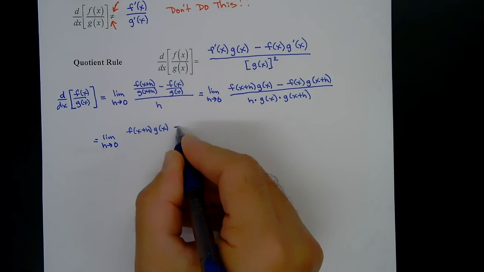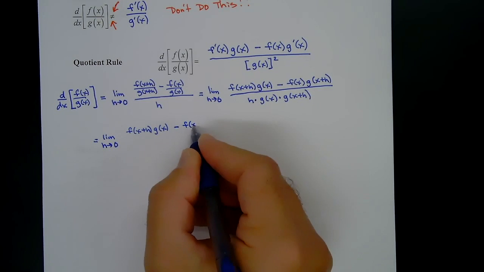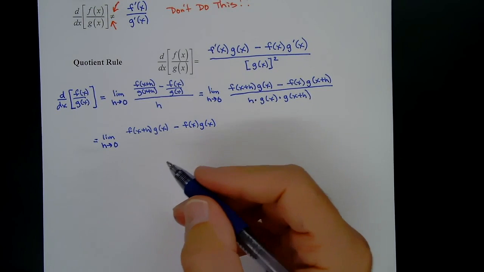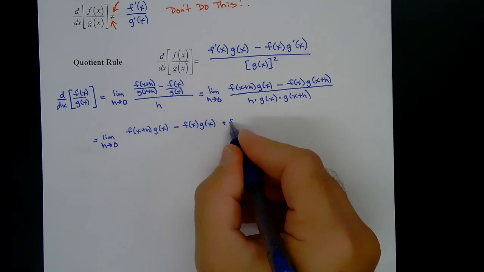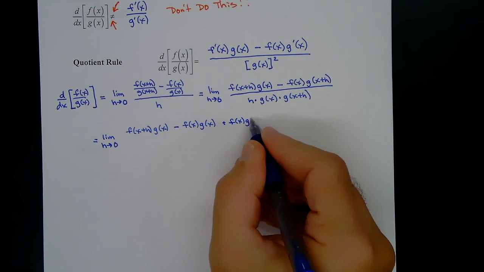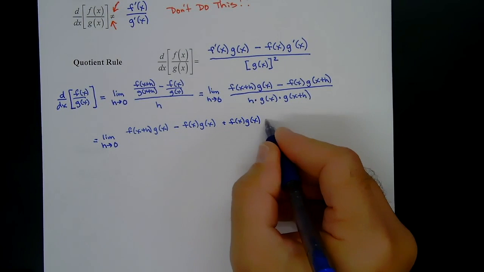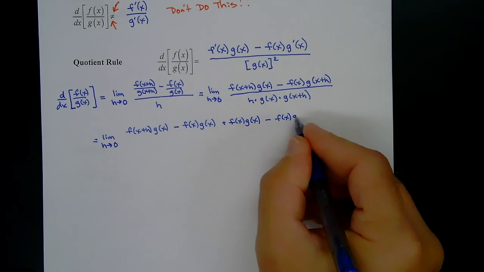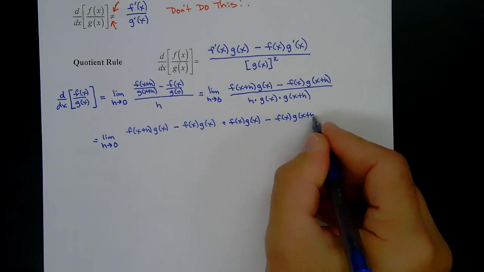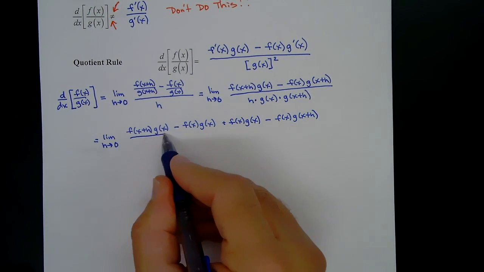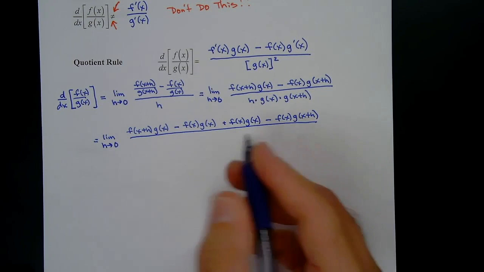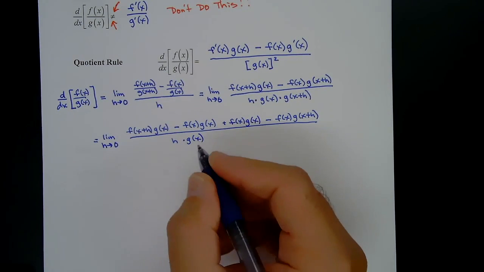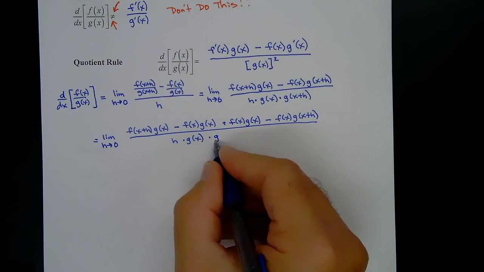And what I'm going to do is subtract f of x, g of x, but I'm also going to add f of x, g of x, and then minus, and we still have this, f of x, g of x plus h, all over h times g of x times g of x plus h.